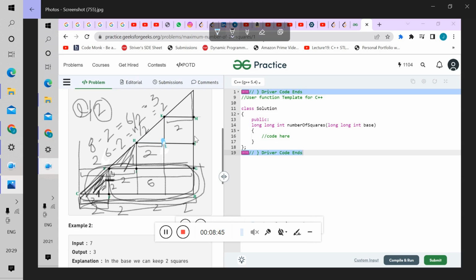Similar is the case when I move to the third last level. The length that remains here is 6 minus 2, that is 4. I will decrement 2 from here, so it becomes 4 minus 2, that is 2, and 2 divided by 2 is 1 square that I can get here, right? So 1 square is there.